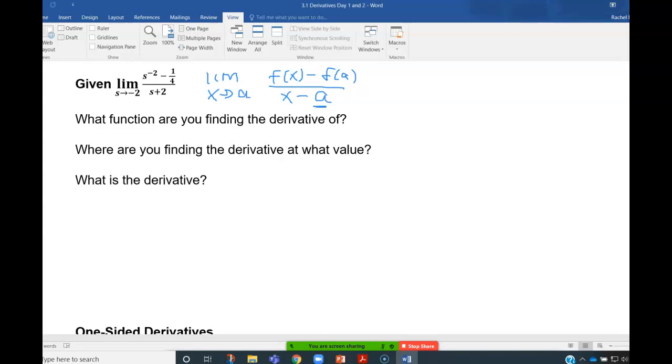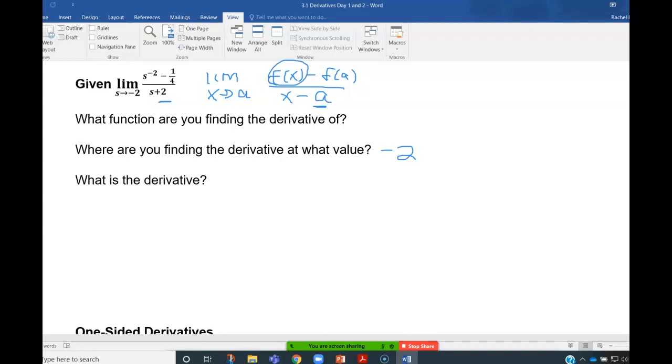So it's kind of easy to say where we're finding the derivative at because it's always the a value in the denominator for this, but it's s plus 2, and our formula is x minus. So it's really kind of like saying s minus a minus 2, which means the value we're finding the derivative at is -2. The function we are finding it at is in the beginning of the alternate form.